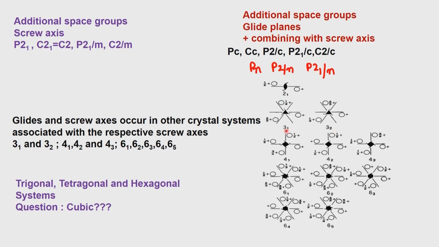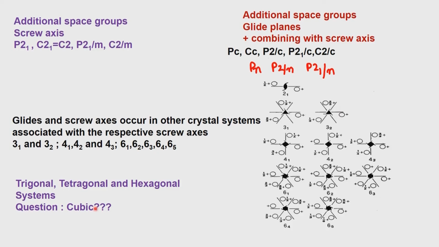Like you can think of a situation where you have a threefold axis in a cube. So obviously the possibility of 3-1 and 3-2 in a cube is indicated. You also have the fourfold rotation in a cube. So those are also indicated, but the fact that it is a cube has certain properties. So which property of the crystal system dominates and which does not dominate is very important.